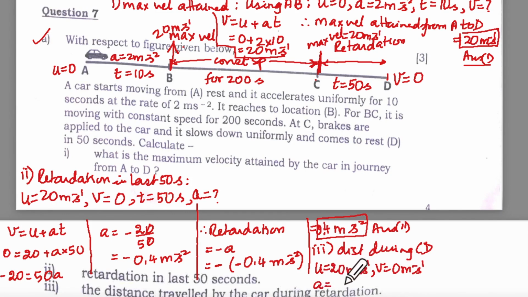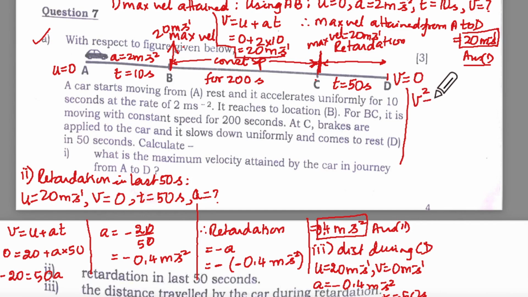A is equal to how much? Minus 0.4 meter per second square, and time is equal to 50 seconds. Now I have to find distance. So which formula should I use? Shall I use ut plus, or v square minus u square? I think v square minus u square will be faster.